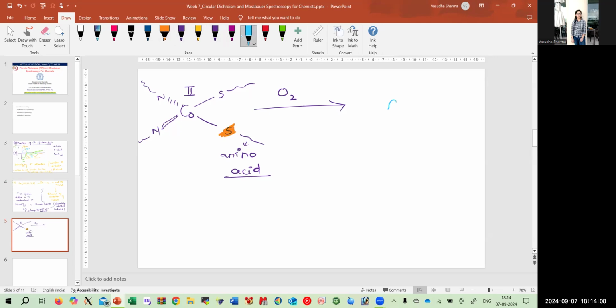So the cobalt oxidation state would remain the same, and one of the thiolates gets oxidized to S double bond O and double bond O. The nitrogens would remain as they are. Now, when you give more excess of oxygen, the cobalt center will be converted to cobalt 3.